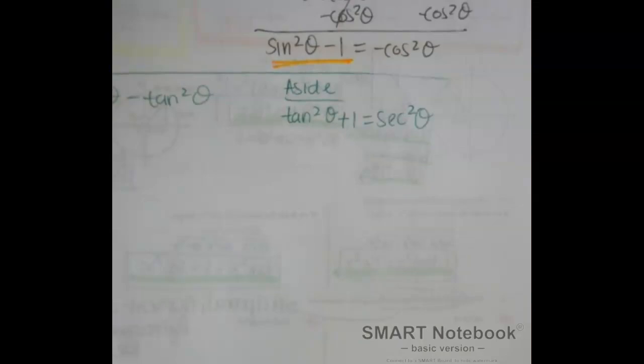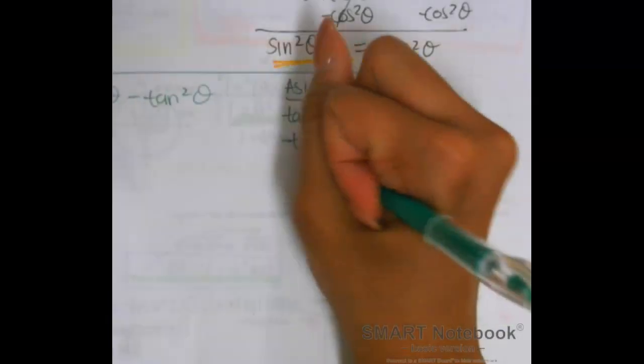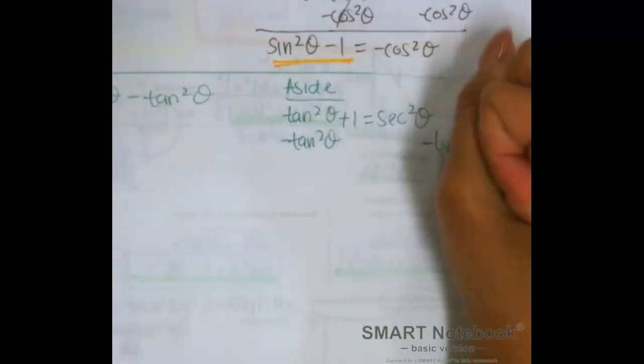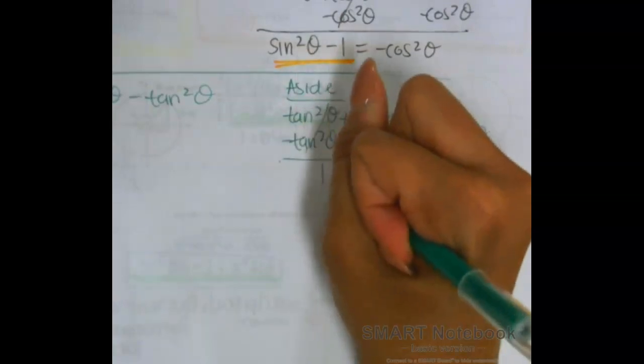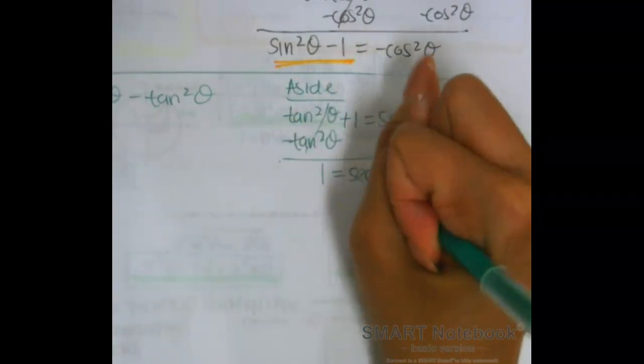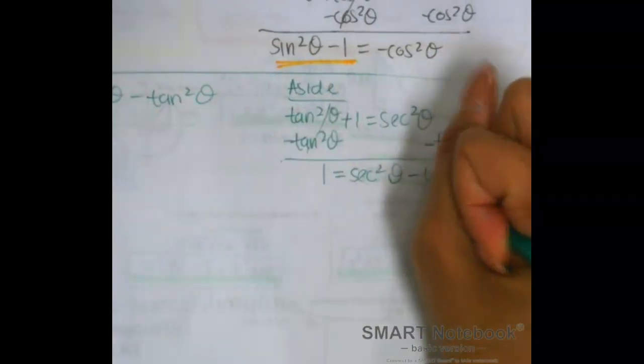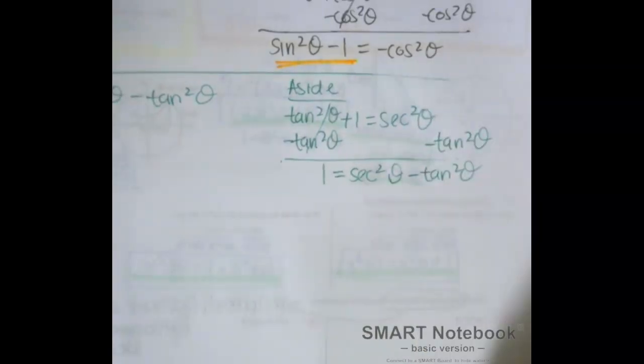All right, Eurydia, how can I get the information that's here for my equation? How can I make that look like this? What would I need to do? And there's several different ways, guys. This is just one way you could do it. Okay, so let's just subtract tangent squared theta on each side. So we're going to be left with 1 equals secant squared theta minus tangent squared theta.